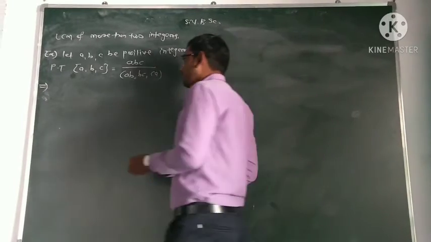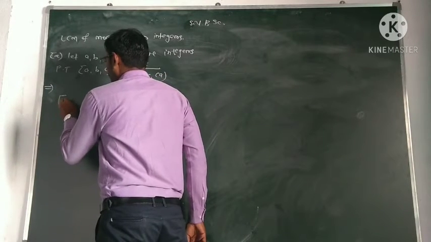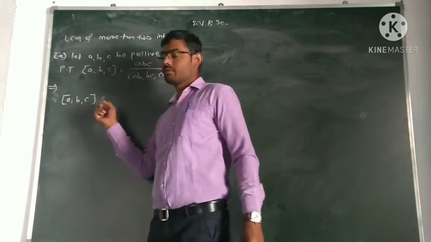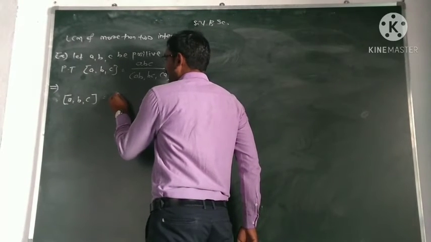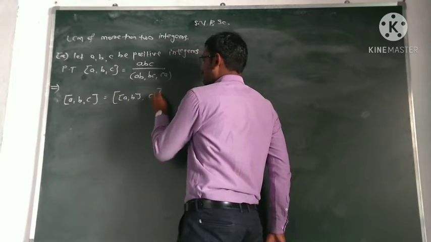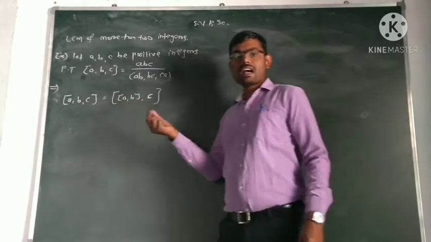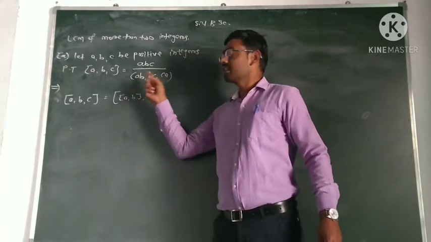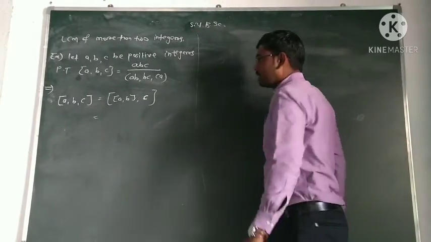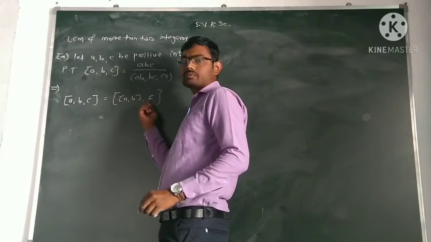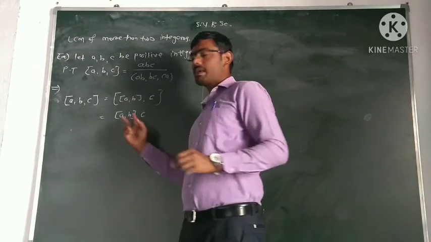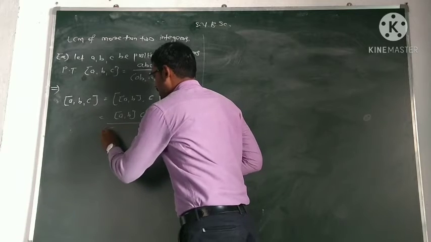So we know the LCM of A, B and C is always equal to the LCM of AB with C. You can write this as the LCM of AB and C, because the LCM of A, B is again some integer, and C is an integer, and then again we take their LCM. Now we know our rule: the LCM of two numbers is equal to their product upon their GCD.